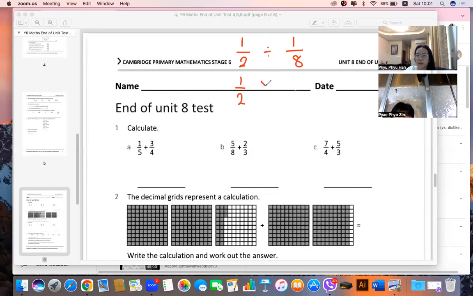When we do a calculation, we change it into multiplication and we flip this number, 1 by 8, it becomes 8 by 1. Then you multiply. 1 times 8 is 8, and 2 times 1 is 2. 8 over 2, you will get the answer 4.